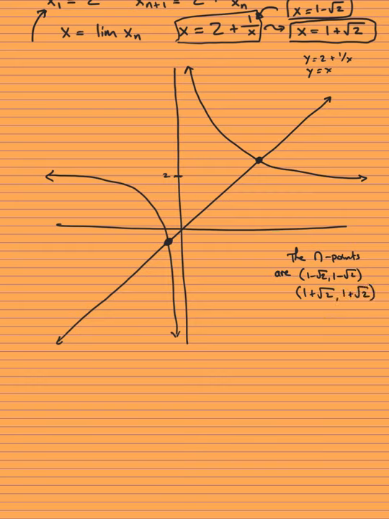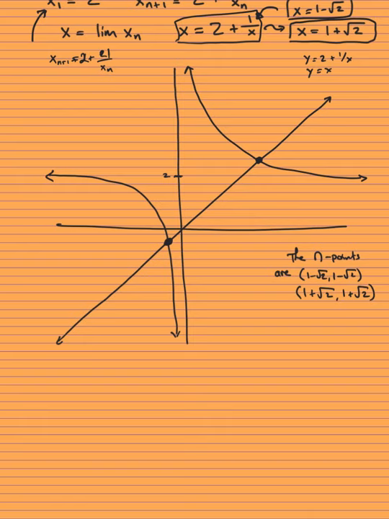Okay? And now what we're going to see is the way that you can think about this sequence of the x_n's, where x_{n+1} is 2 plus 1 over x_n, is that you're going to see this by tracing on this graph a certain kind of picture.